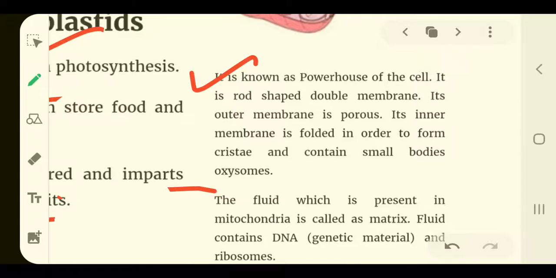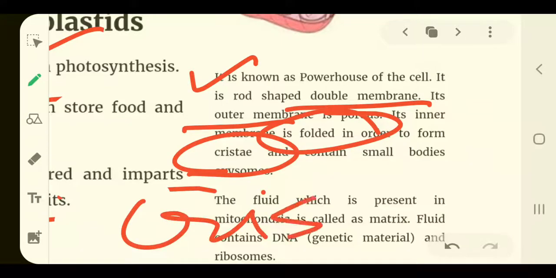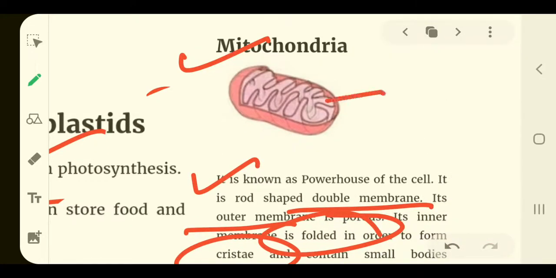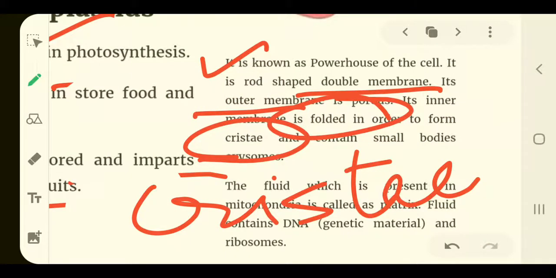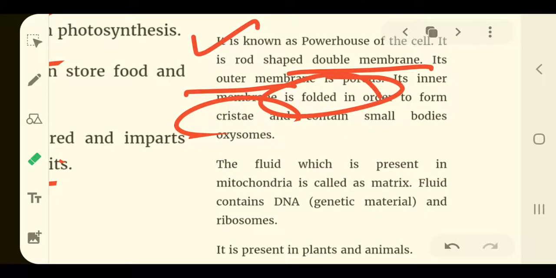It is a double membrane structure, a porous one. The inner membrane is folded and we call it cristae, which you can see in the diagram also. This is a new name you have to read, because it will help you in higher classes also.